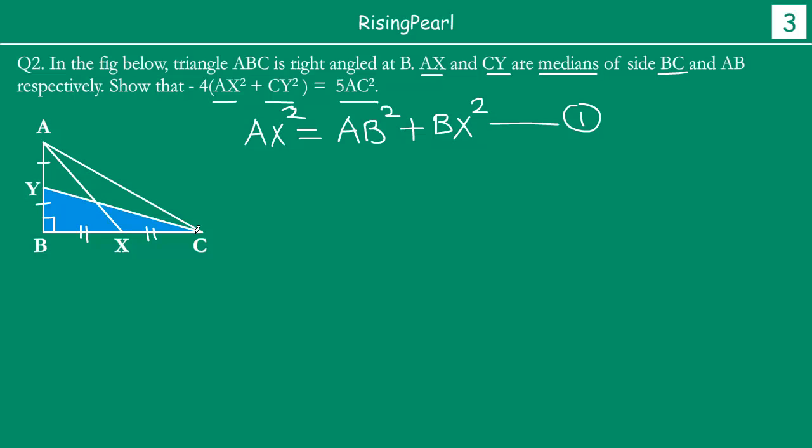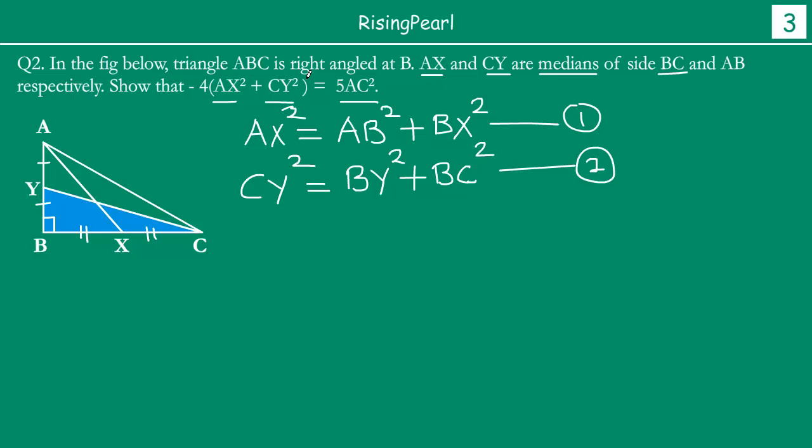So CY is the hypotenuse. So we can write CY square is equal to BY square plus BC square. So this is our equation number 2.